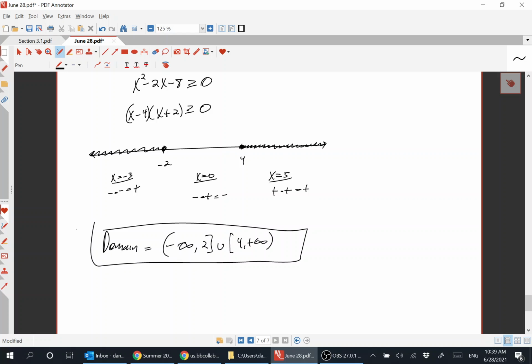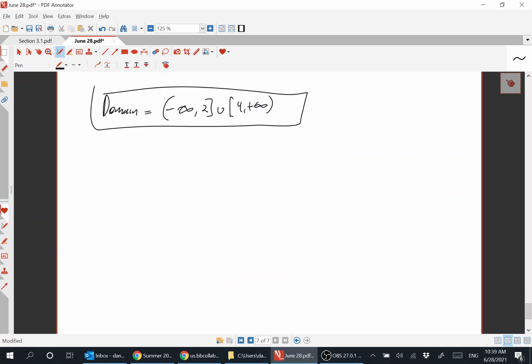So we want to solve the inequality 5x squared plus 3x larger than 3x squared plus 2. With a quadratic inequality, you need to move everything over to the left.